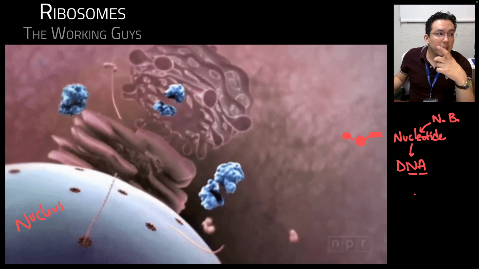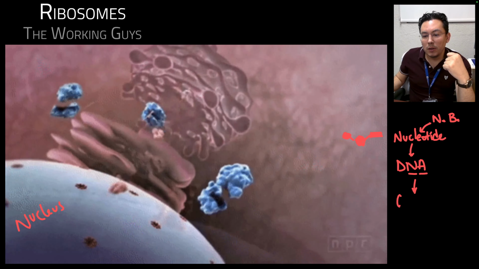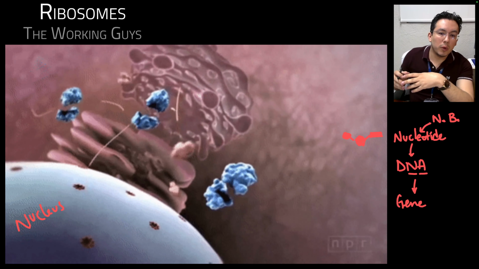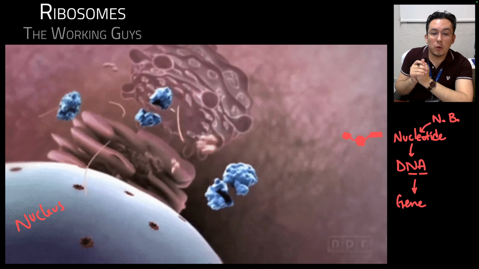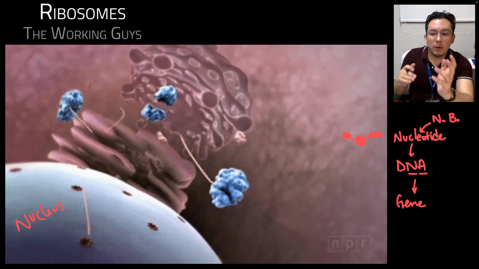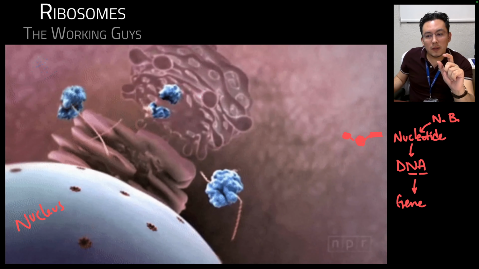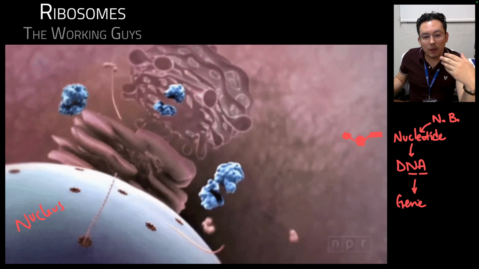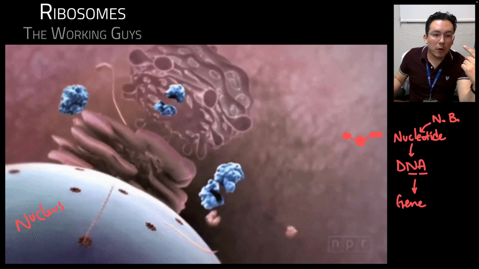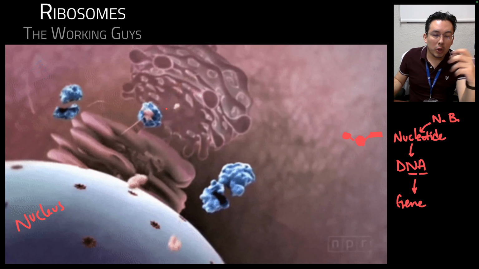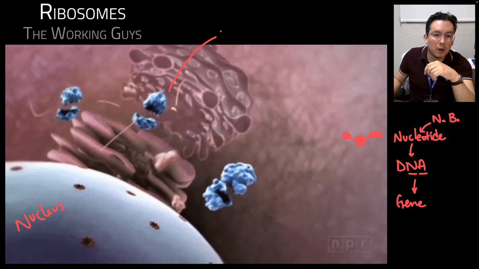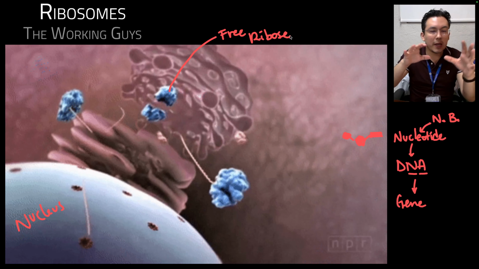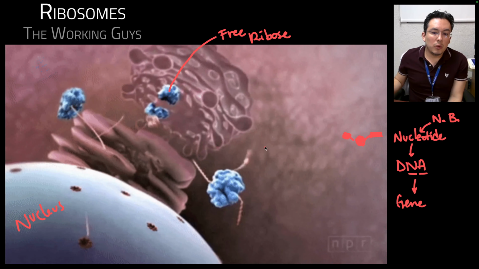And DNA, big chunks of DNA at least, is what we call the gene, right? Which genes are located in chromosomes, and chromosomes make up the total of your genome. So in this chapter, basically what we study is how these genes that are made up of DNA will be responsible to create copies of this information in order for these working guys, the ribosomes, which, by the way, these that you see here are the free ribosomes, meaning they're free in the cytoplasm, not attached to an organelle.